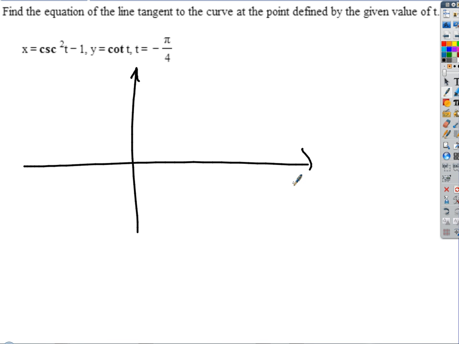Let's do the easy one first, the non-calculus part. How can I come up with the x and y coordinates of a point? Okay, good. I'll plug in negative pi over 4 for t into each of these two parametric equations, because what these are doing is they're giving me the x component as a function of t and the y component as a function of t.